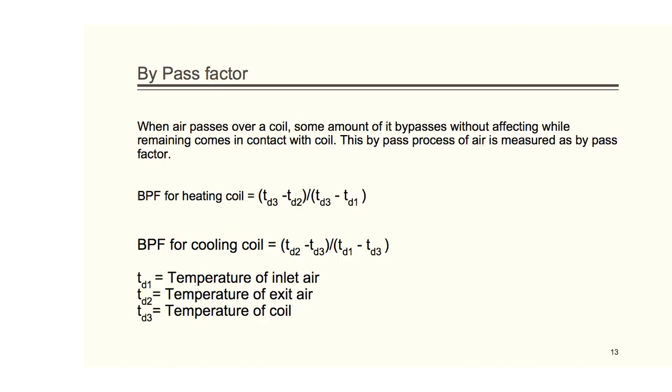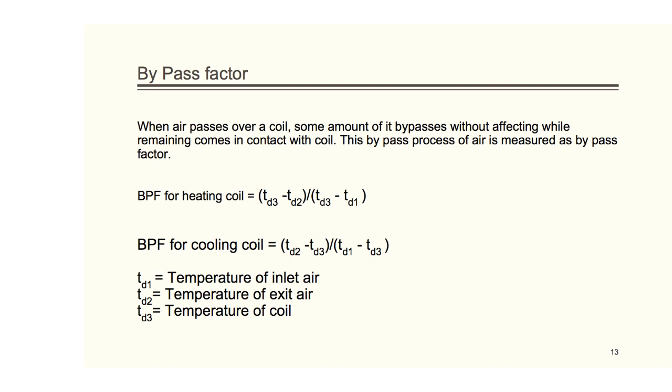Next, here we have another term, bypass factor. What happens is, during heating or cooling of air, the air is passed over a cooling or heating coil, then some amount of air bypasses without affecting its temperature, right?